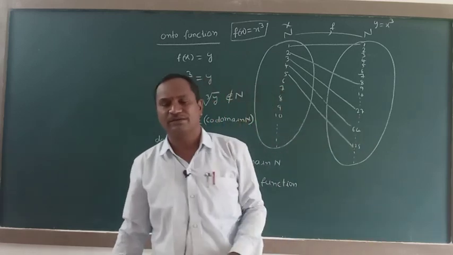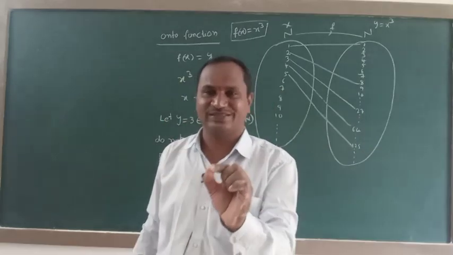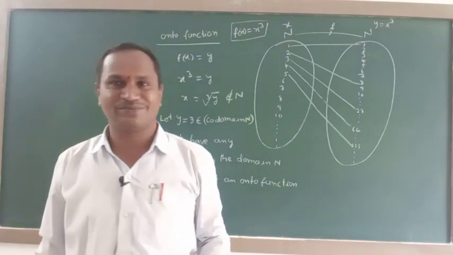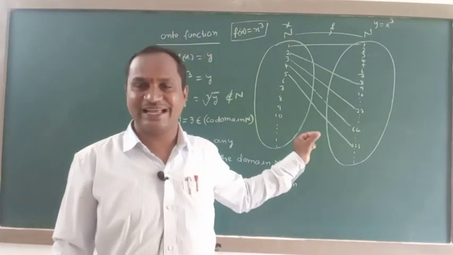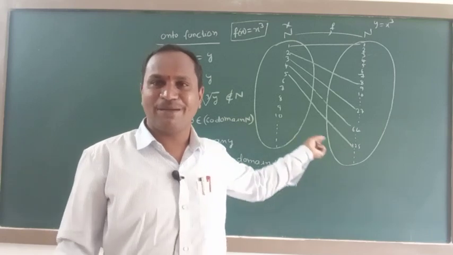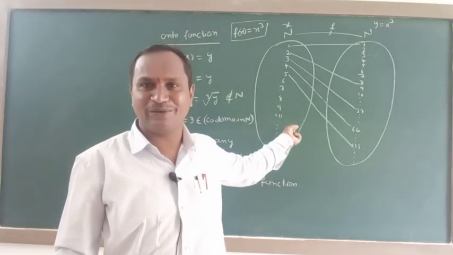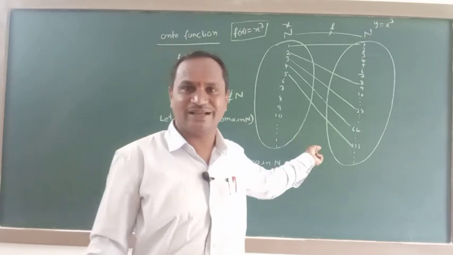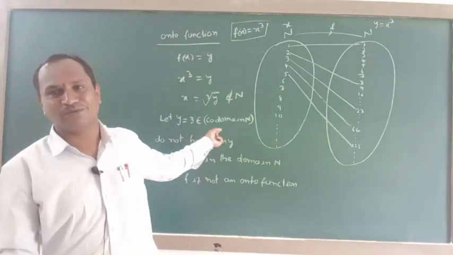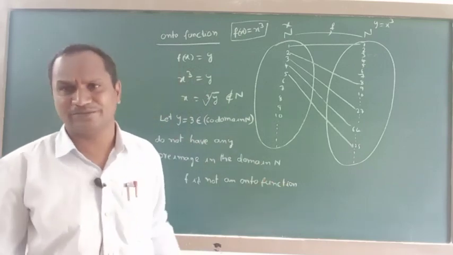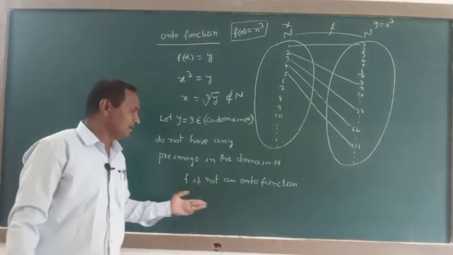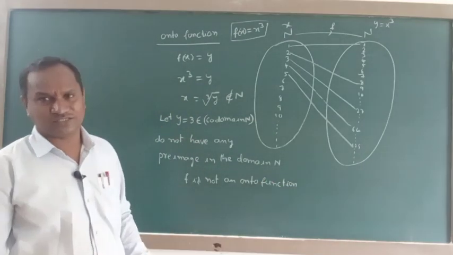You can check any element that is not associated with any element of domain capital N. I have selected 3 here; 3 does not map with any element of domain capital N. So 3 is a suitable number for this example. You can take 7 also, 7 is a suitable number for this example. That's why we can easily tell that f is not an onto function.